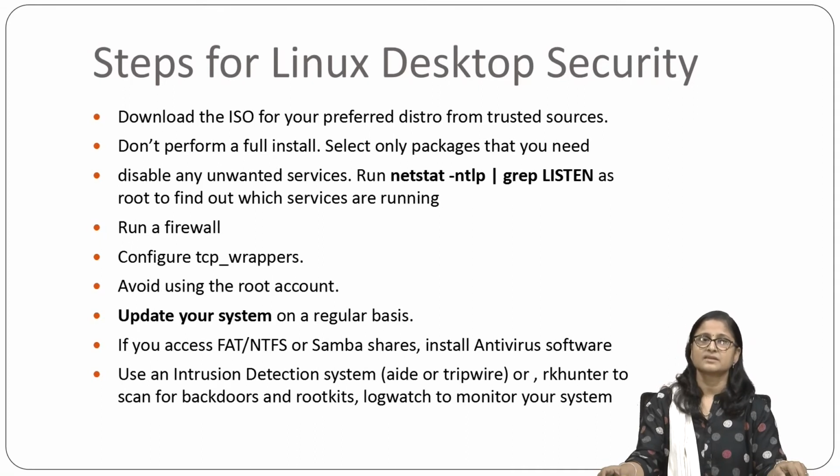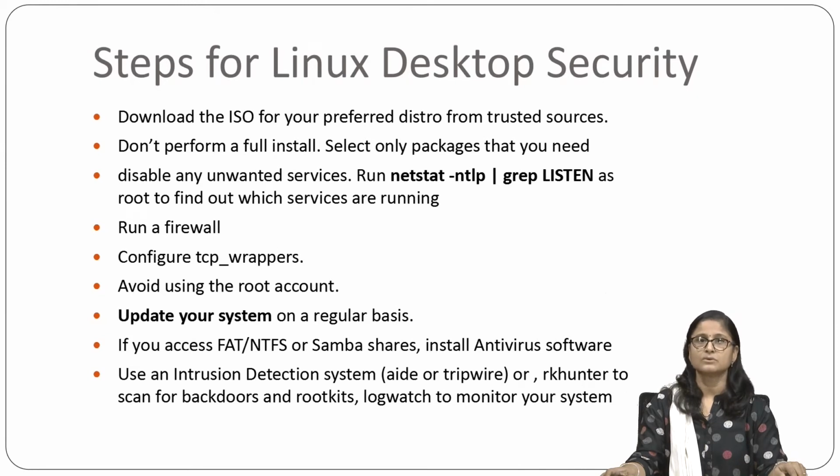If you are using FAT or NTFS or Samba shares, always install antivirus software. You may not be vulnerable to Windows malware, but you can infect other users on the network. Always use an intrusion detection system like Tripwire and AIDE.